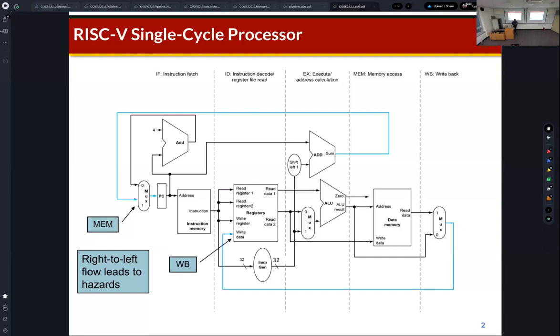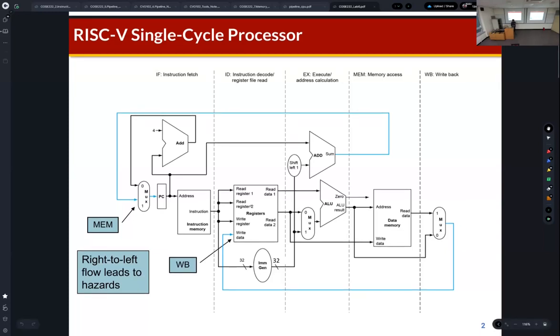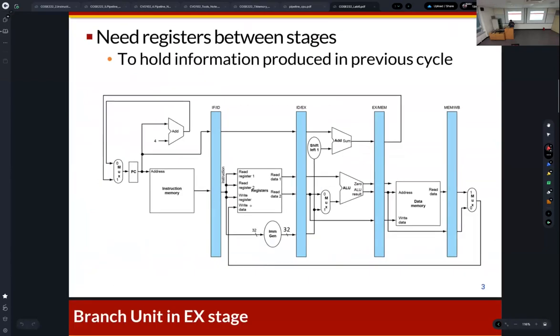Firstly, this is the architecture of a single cycle processor, right? Then we split up the required steps for executing instructions into 5 stages. Okay, so we learned the 5 stage pipeline processor, right? What is required?